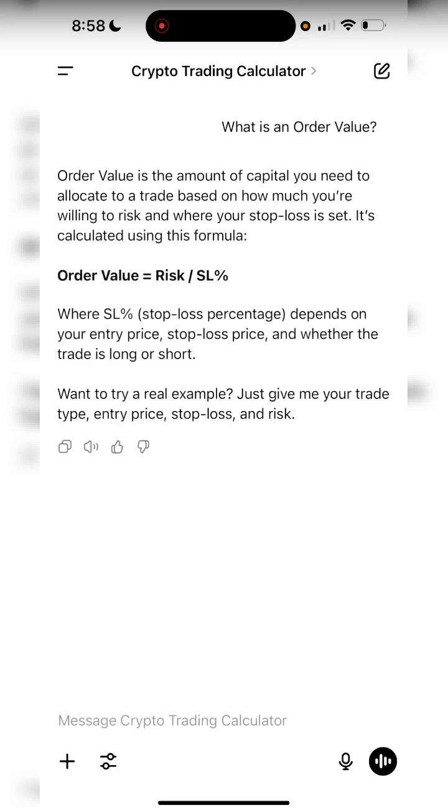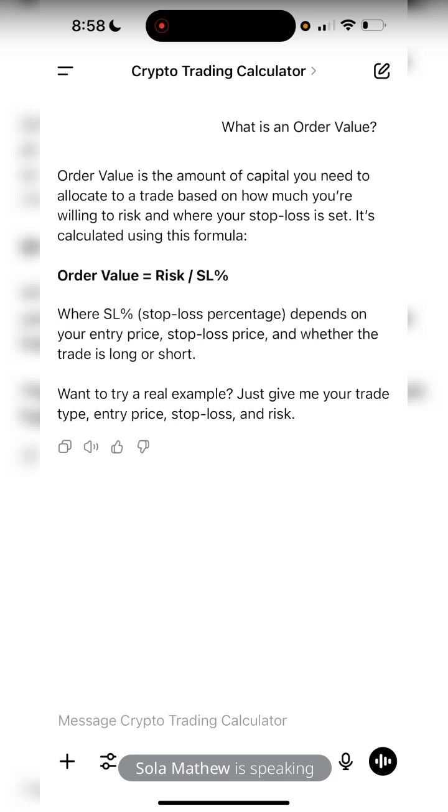It's calculated using this formula: order value equals risk over stop loss percentage, where stop loss percentage depends on your entry price, stop loss price, and whether the trade is long or short. You can try a real example to learn more. Basically, order value is the amount of capital you need to allocate after you know how much you want to risk.